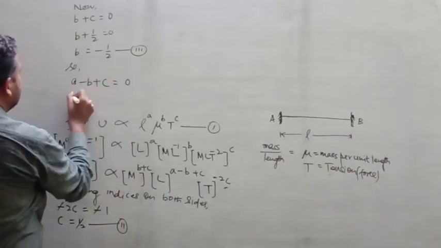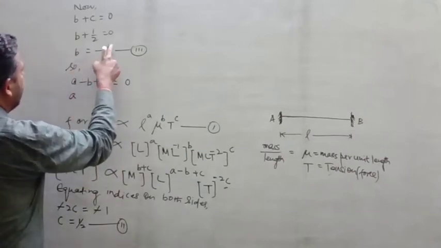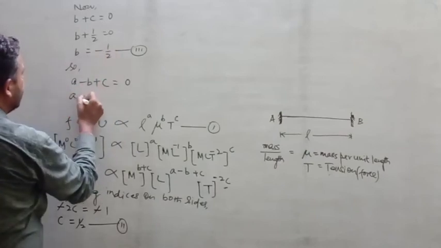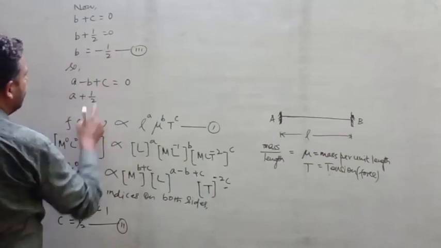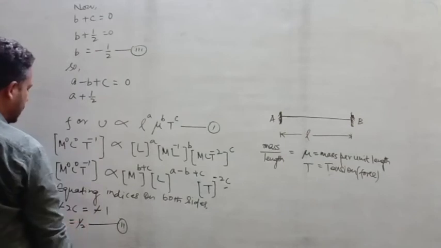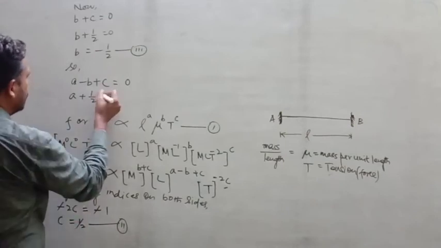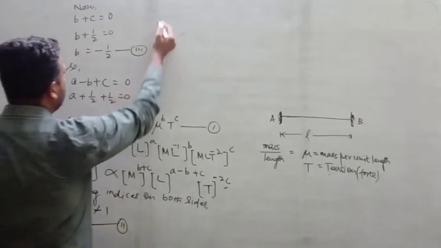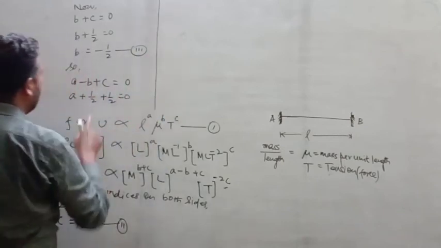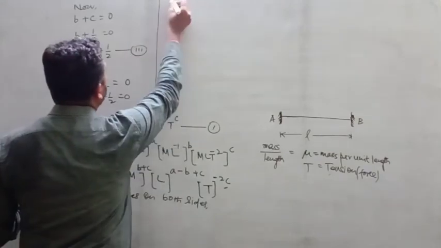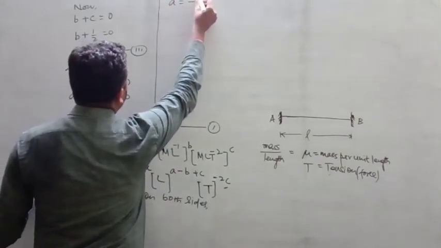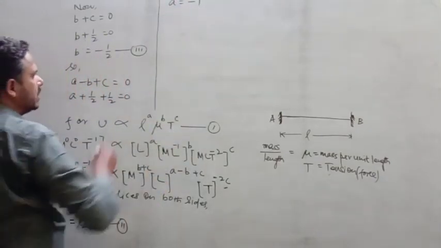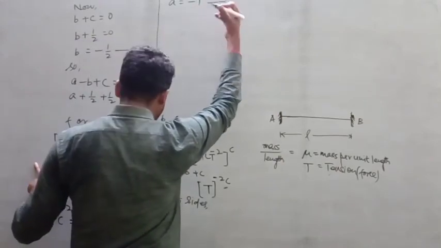So b is equal to minus half and minus b there, so minus minus plus half will be there. There is a plus c, but c is equal to plus half. So there will be plus half, is equal to 0. From here half and half is equal to 1. On the right side minus 1. So this one is your which equation? Equation 4 will be here.